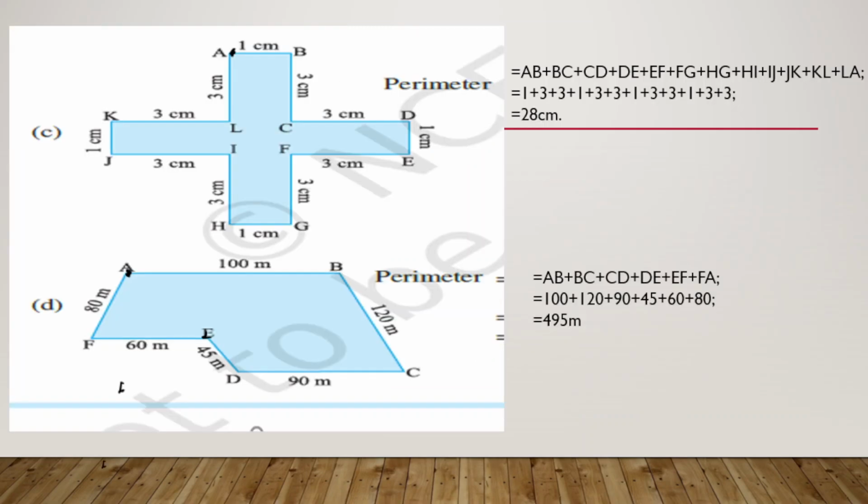From this we know that the perimeter is the distance covered along all the boundaries of a closed figure.